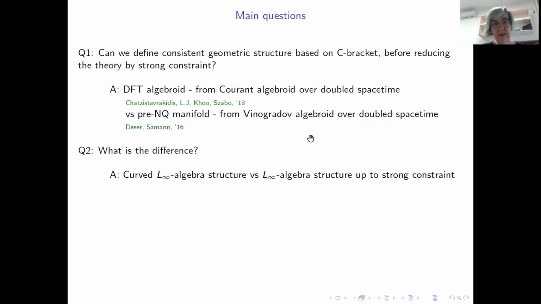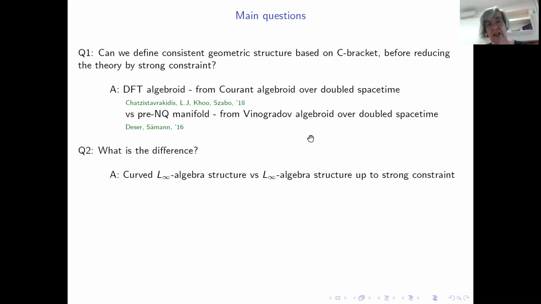The first answer was given by Andreas Deser and Christian Saemann in 2016, who said, yes, you can do it by starting the construction from a Vinogradov algebroid over double space-time, getting certain geometric data, which they recognized as being a pre-NQ manifold. So a non-negatively graded supermanifold with a vector field Q that doesn't square to 0. So it's a pre-Q manifold in a sense.